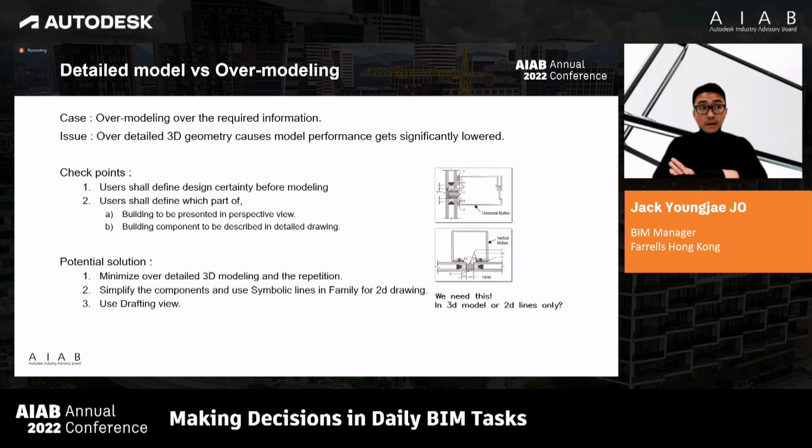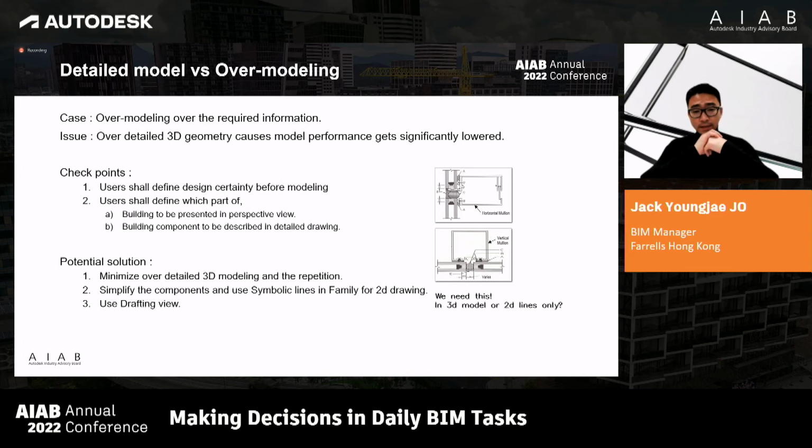It means that, let's say we are modeling a complex facade with complex modeling, but at least we still need to have some design certainty to model that shape, unless that is going to be abortive apparently, right?